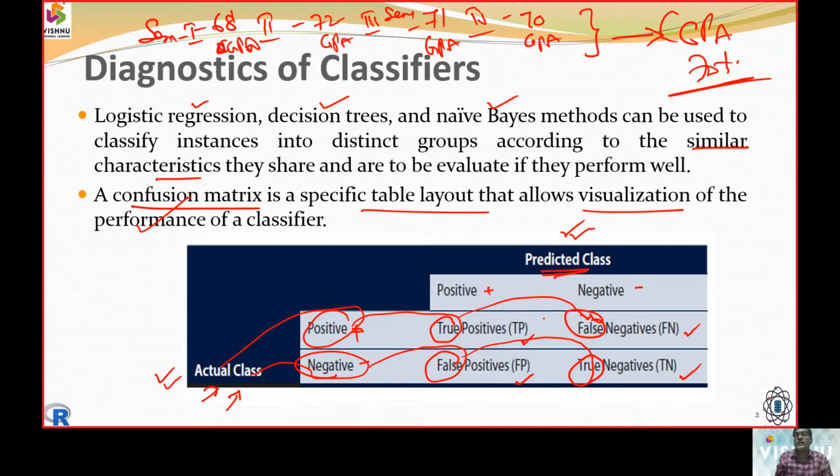But always the prediction class is static. It is positive, positive. Similarly, the negative class is negative and negative.